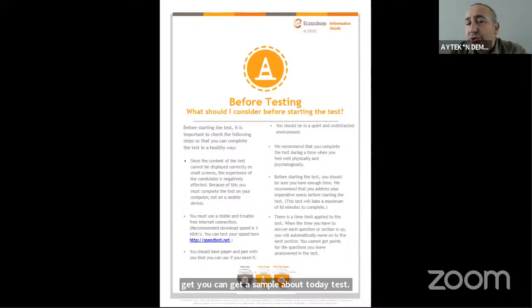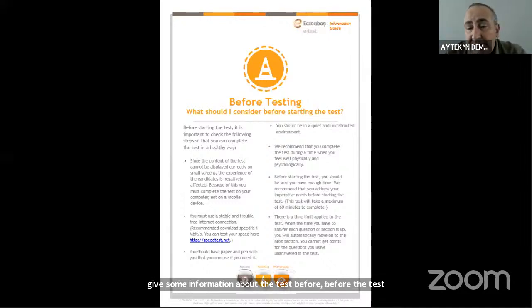What should you consider before the test? What should you be aware of at the beginning of the test? What can you face before the test? They are explaining this kind of thing on this page, and they give some information about the test.